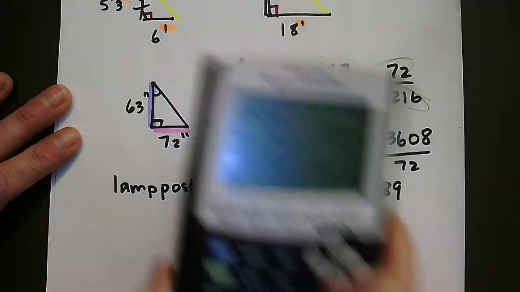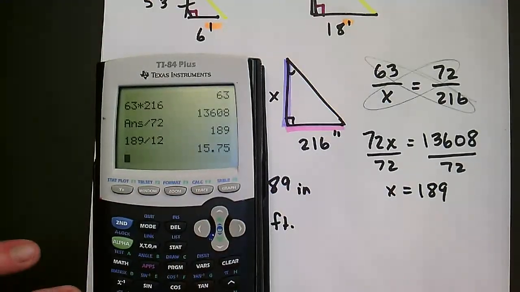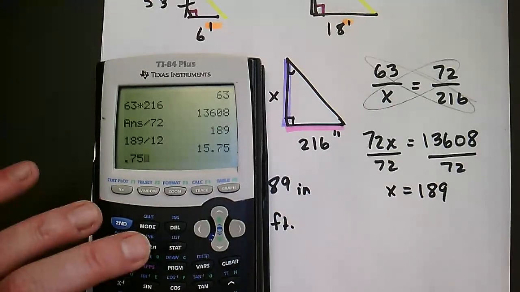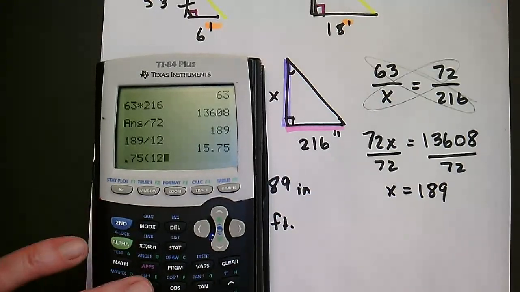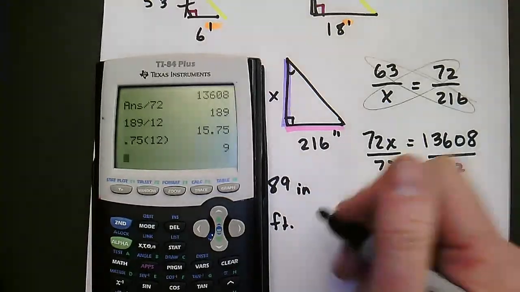Well, how many inches is that? We've got a couple of different ways to do it. We've got this 0.75, so I can do 0.75 of my 12 inches. It's 3/4 of it, which is 9.